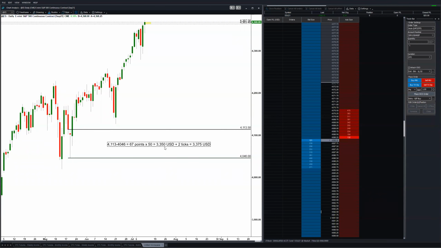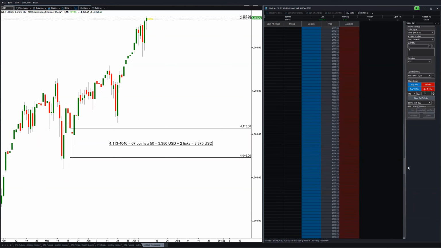On the matrix, placing this order would be a bit of a hassle, because you would need to scroll all the way down to find 4113. This is the problem with the matrix. Nice and fancy, we like how it's flashing green. Most probably you're staring only at green going up and down.